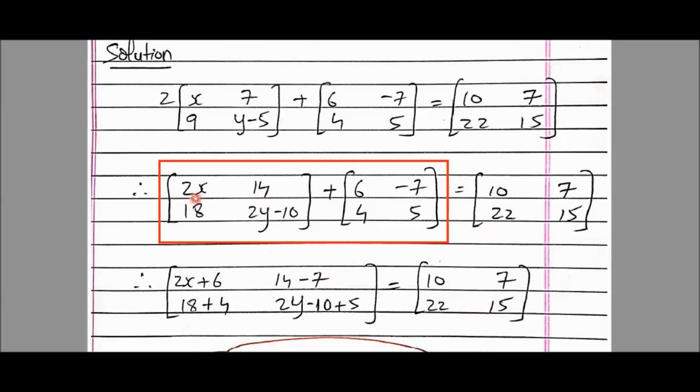Okay, let's do it, all of you orally. 2x plus 6, I wrote here 2x plus 6. Once again, 14 plus minus 7, but because I have minus 7, I'm straight away writing minus 7. So 14 minus 7 here. Next, 18 plus 4. See here. 2y minus 10, pay attention here, 2y minus 10 plus 5.